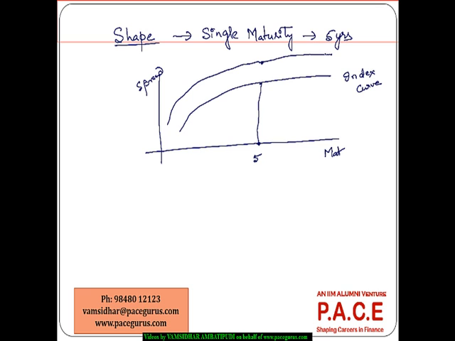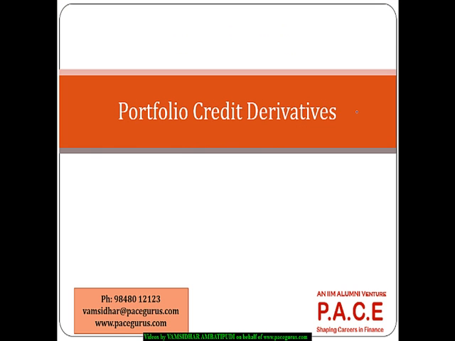Thank you very much. In this session, we are going to look at the portfolio credit derivatives. So, two major categories, one being the index tranches, which is breaking up the index, and the second one is the very highly popular CDOs, collateralized debt obligations.